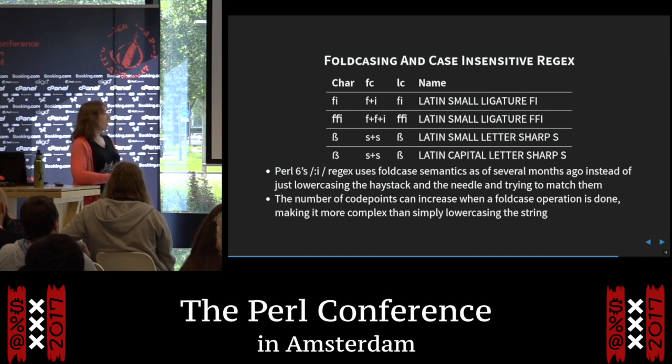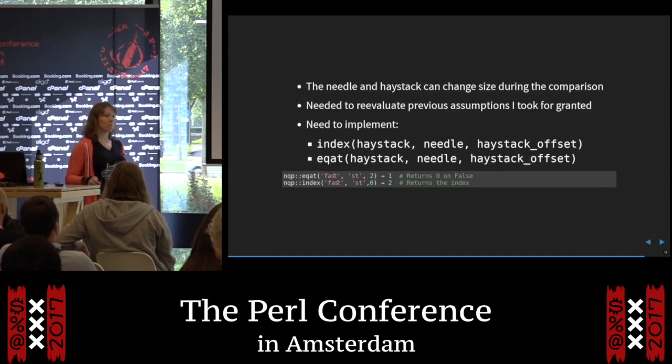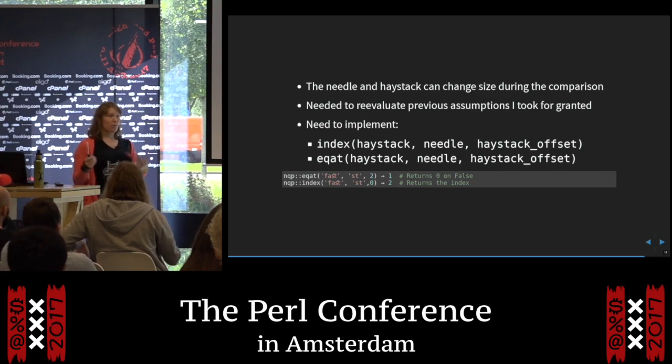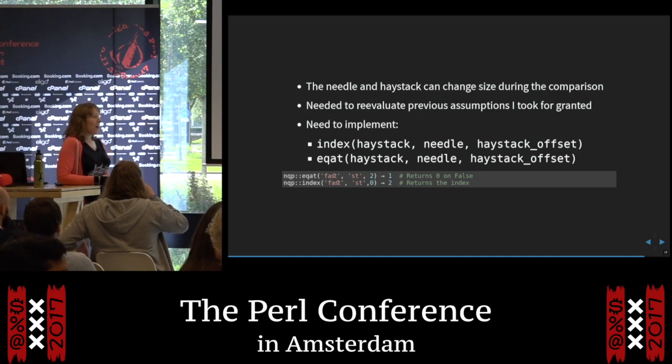And so that made it more complex to find something when the size of the string ends up changing partway while you're reading it. So yeah, the needle and the haystack, both of them can change size. You can't assume just because one is longer than the other that you won't find one inside the other, because it could triple in size.